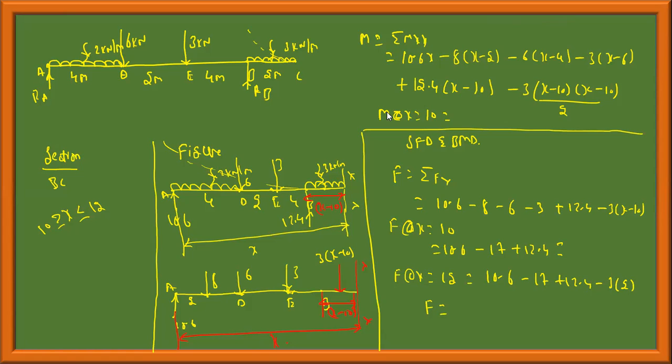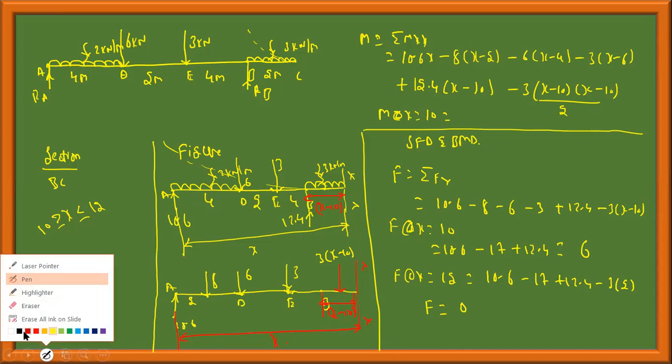Harish Paul, Rakesh, Sushil Kumawat, sir, 6, and then F at x equal to 12? 0. So you have to get 0. Okay, let me write the bending moment equation.